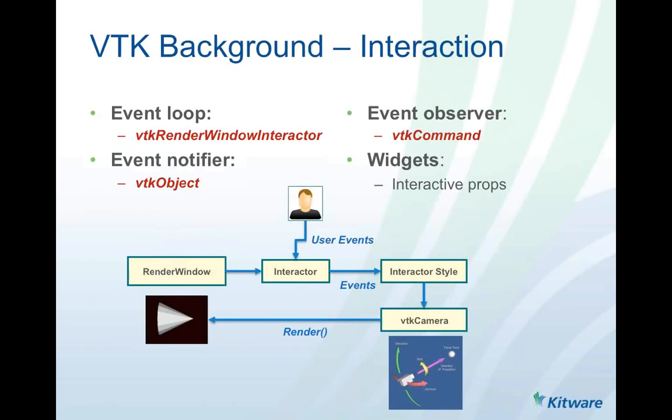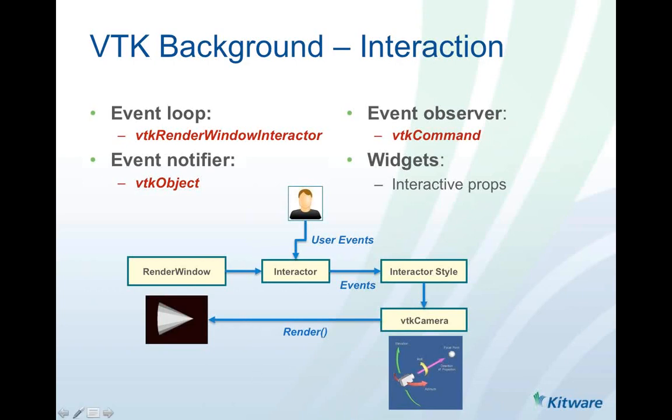In order to get interaction in our scene for VTK, we'll use events and commands. So this is VTK's observer pattern, which is comparable to Qt's signals and slots. In VTK, we have events and commands to fire messages and to handle them.